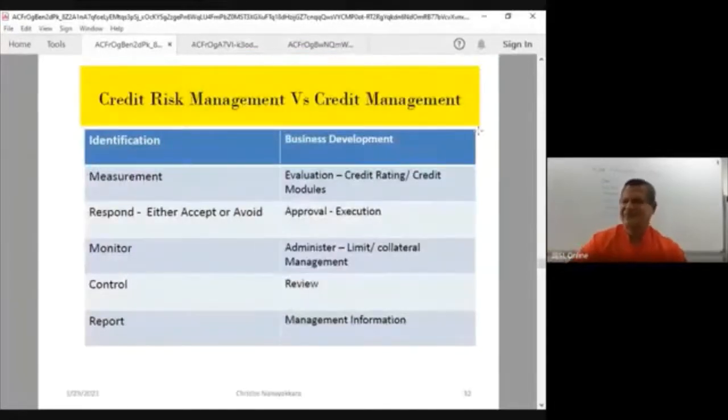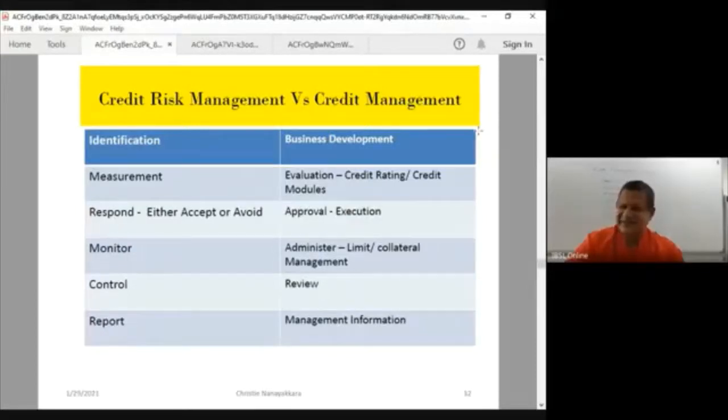So I gave you this picture about the risk management process: identification, measurement, response, monitoring, control, and reporting. We can attach that to your credit. Also, I explained identification includes business development, loan origination, all that. Evaluation is the measurement.